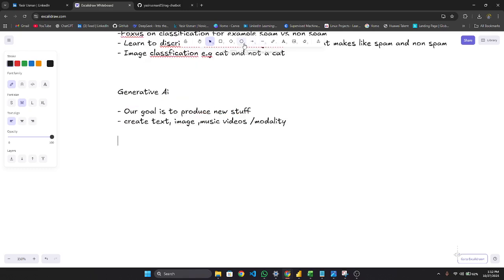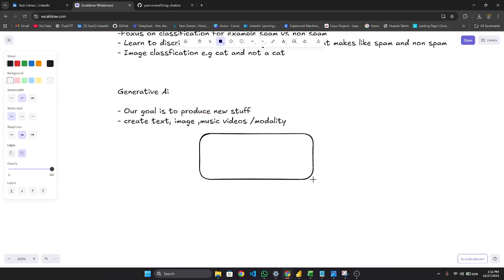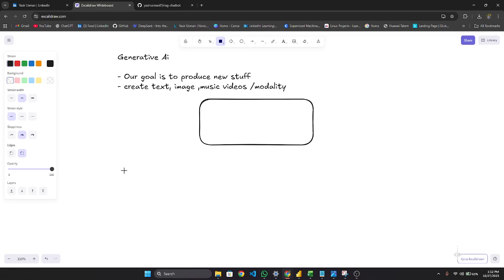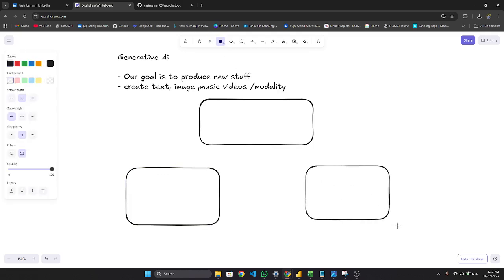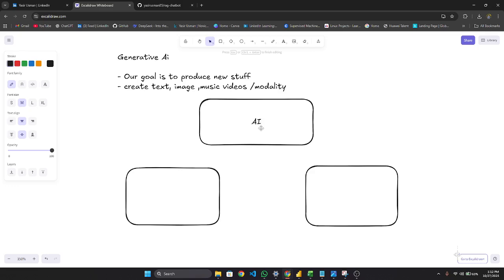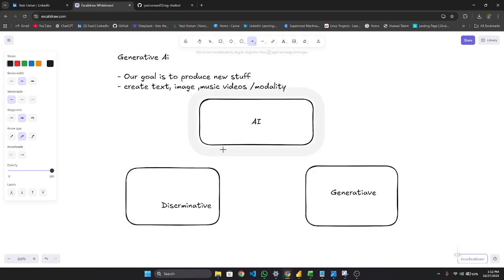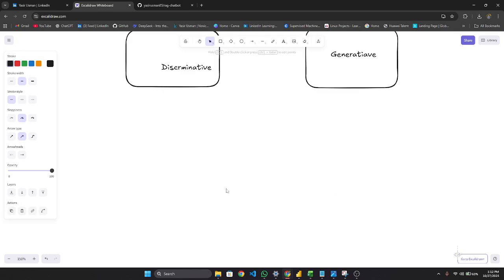If I can draw here, there is one AI and two sub-branches: AI, and then discriminative and generative. So these could be two branches of AI.